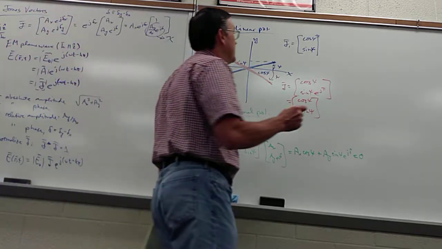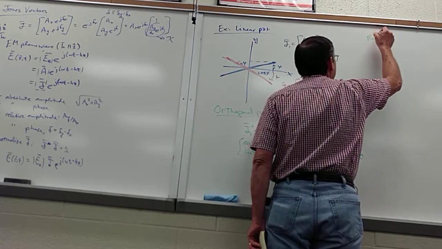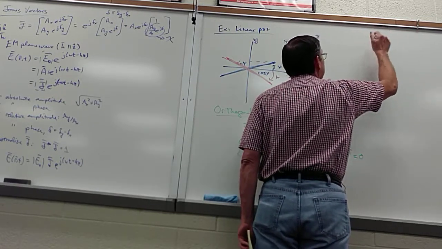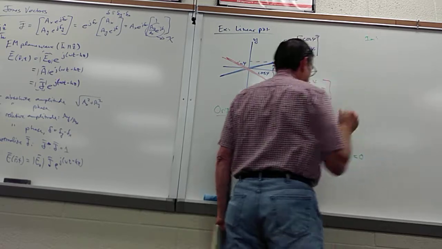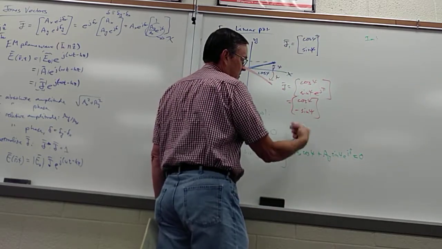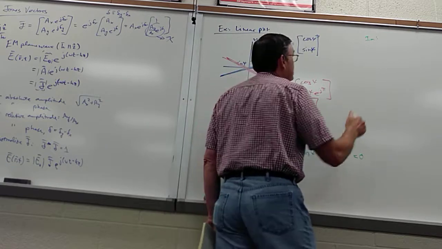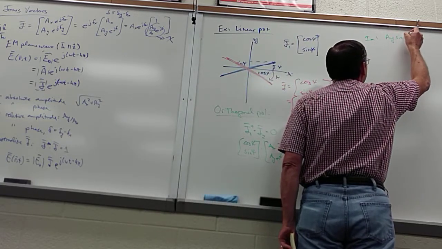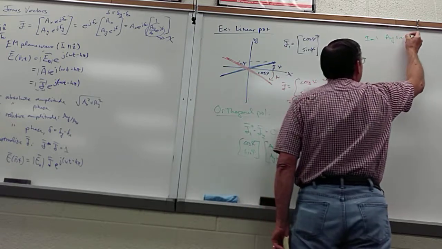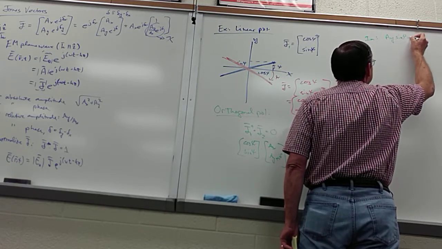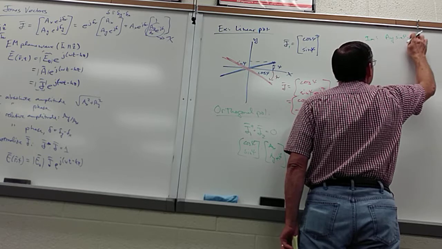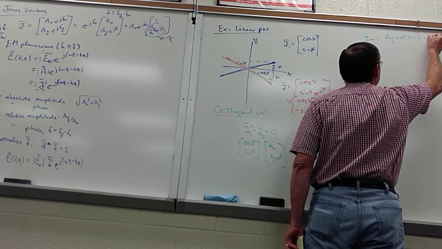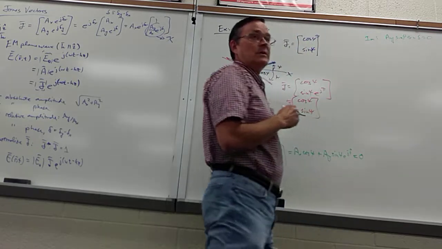So I can take the real part, and actually let me take the imaginary part first because it's easier. If I take the imaginary part, well, that term is real so it goes away. I'm left with ay sine of psi times e to the j delta. Taking the imaginary part, that would be sine of delta, and that's got to be equal to 0.